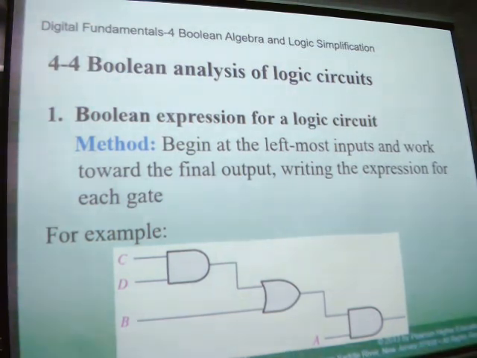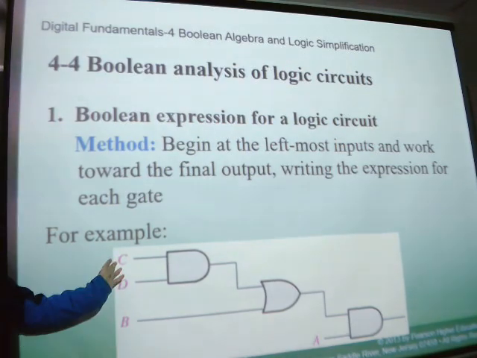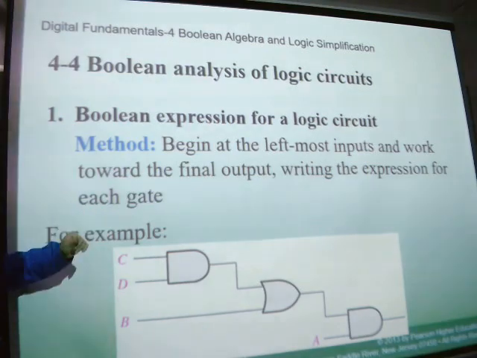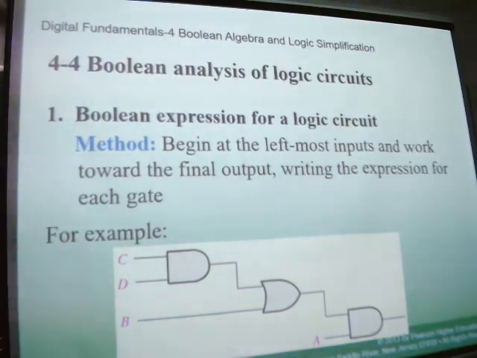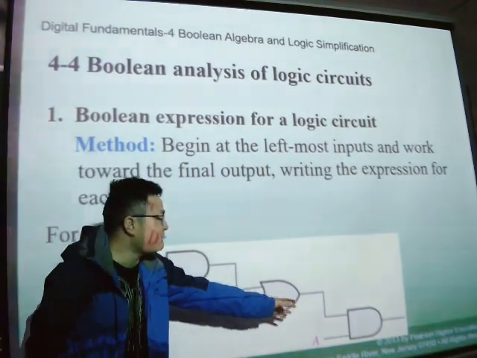Then we have learned section 4, Boolean analysis of logic circuits. First, we must get the Boolean expression for a logical circuit. The method is to begin at the input, the leftmost or the upmost, and work towards the final output.